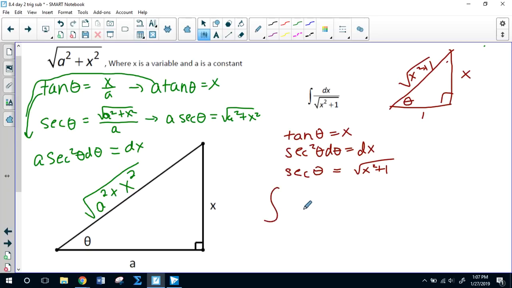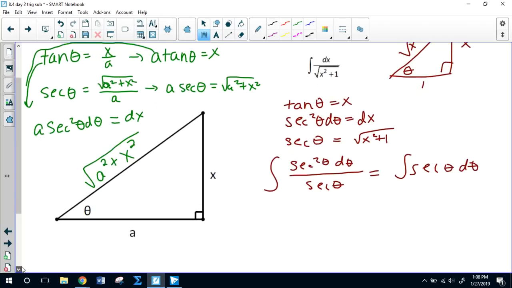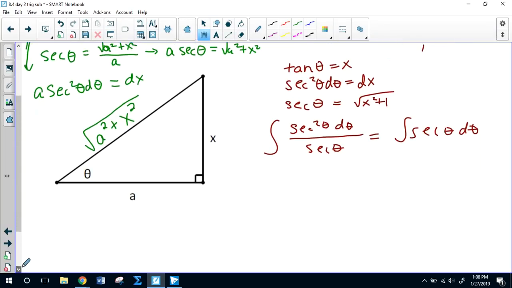All right, I'm going to substitute everything in here. So dx is equal to secant squared theta d theta, and the square root of x squared plus 1 is equal to secant theta. Well, this is just equal to the integral of secant theta d theta, which seems awfully simplified, but in reality, this is not something we have practiced.